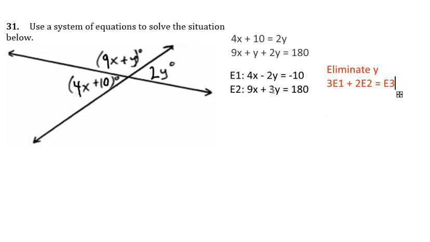Negative 6y plus 6y is 0y. They eliminate. So we'll go ahead and write that step down here. We have 3 parentheses, our first equation. And then we have our second equation times 2.